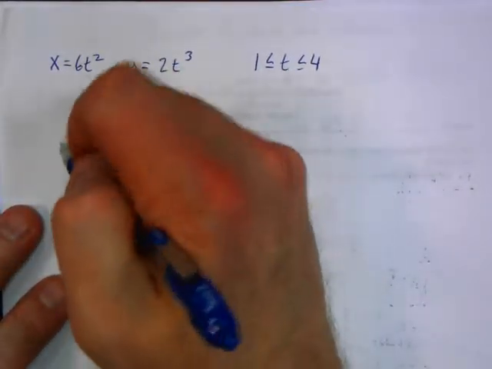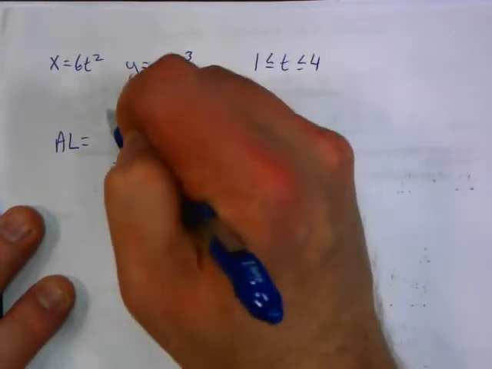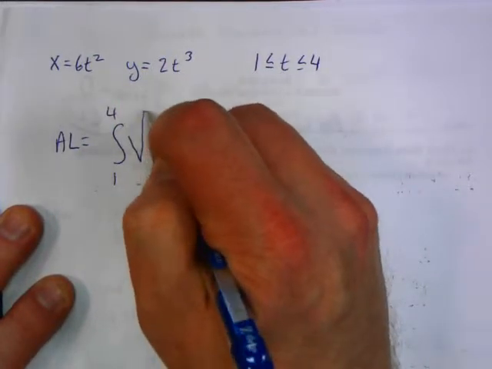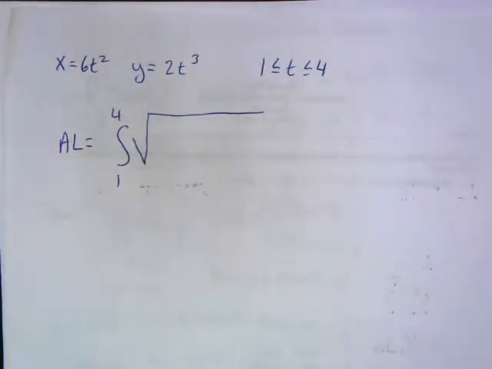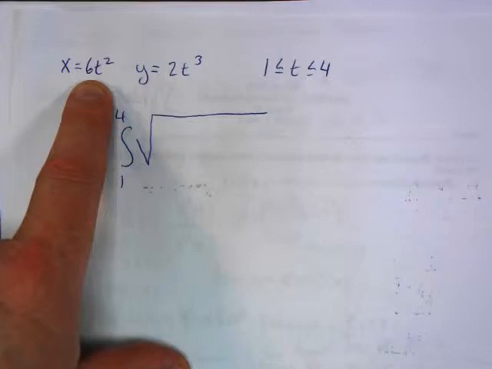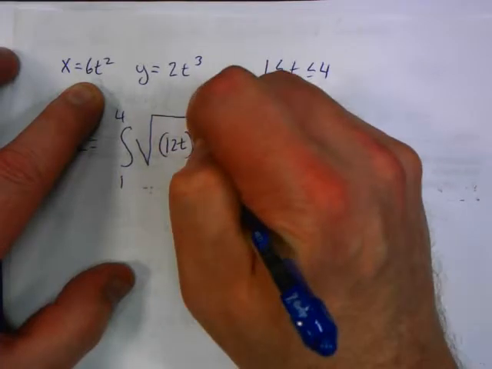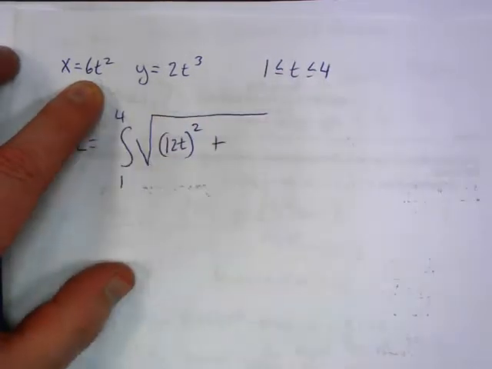Our answer would be the arc length is the integral from 1 to 4 of the square root of, I take the derivative of this one. What's the derivative of 6t squared? 12t, but then I have to square it. So it's going to be (12t) squared, plus, I take the derivative of this one.